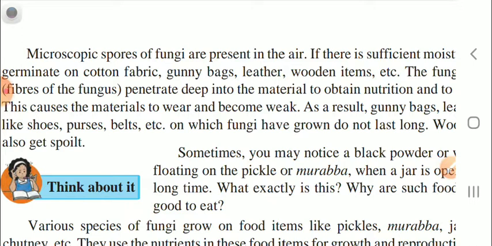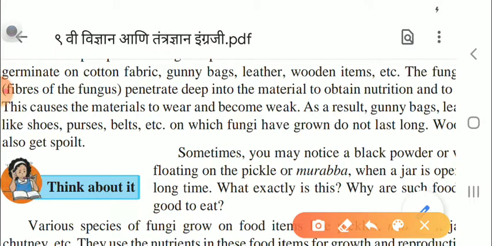Heterotrophic means they are dependent on other organisms. Trophic means synthesize, meaning they cannot synthesize their food, so for synthesis of the food they have to depend on other organisms. That is why they are getting nourishment from such type of substance, and there they reproduce. So let me underline this here.